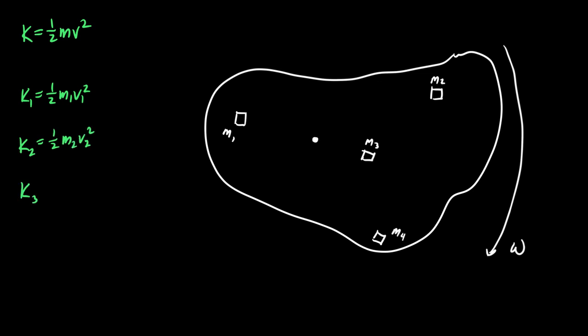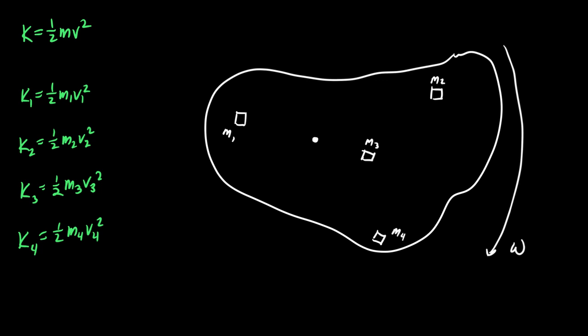And piece 3 and piece 4, right, each individual piece has its own amount of kinetic energy. And I could break this thing up into way more pieces and talk about each individual piece, but I think 4 will be enough to get the point across. Probably 3 would be enough to get a point across.